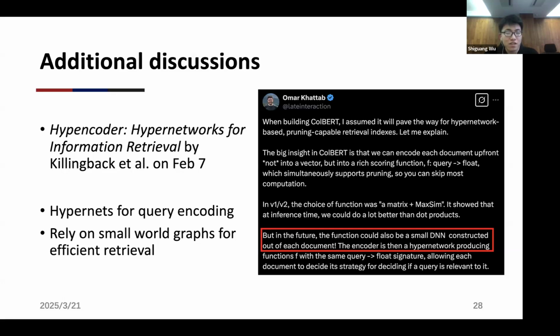And there's another paper from Kuhnbeck in February. They actually use the hypernetwork for information retrieval. They use the hypernet for query encoding, the opposite component from Omar, and they rely on a small world graph to do the efficient retrieval. So they're doing the hypernet for query, and so this is still not what Omar is thinking.